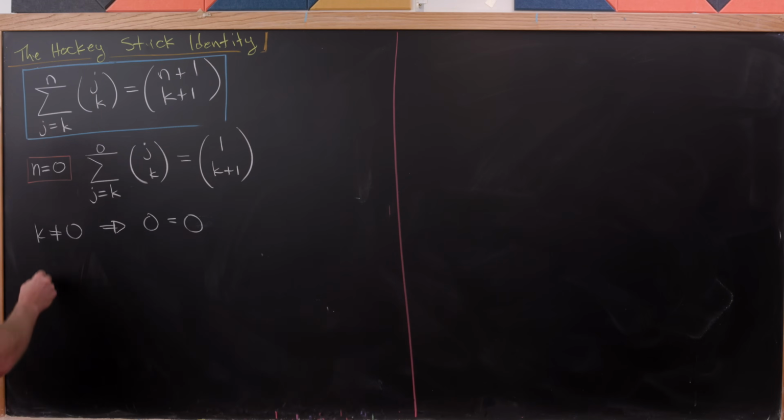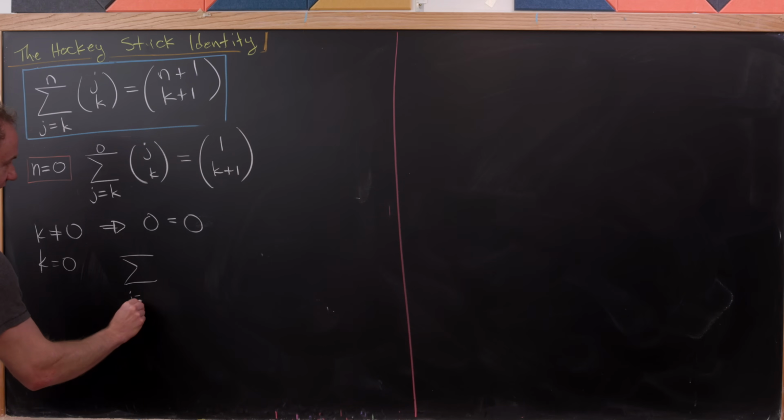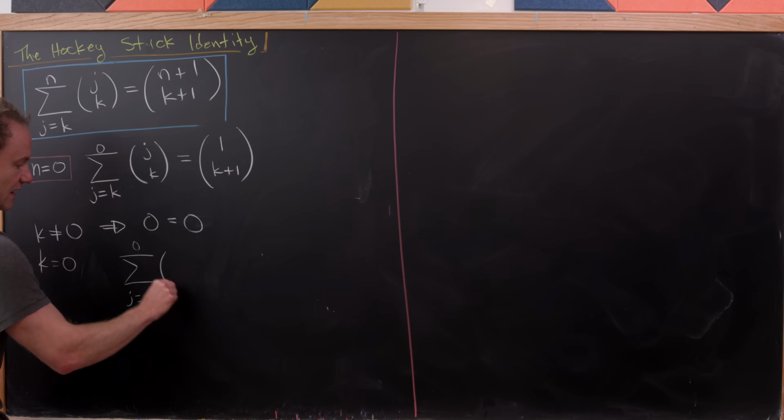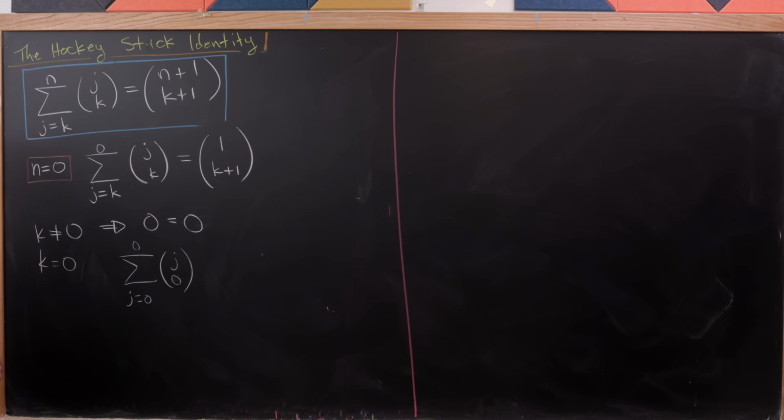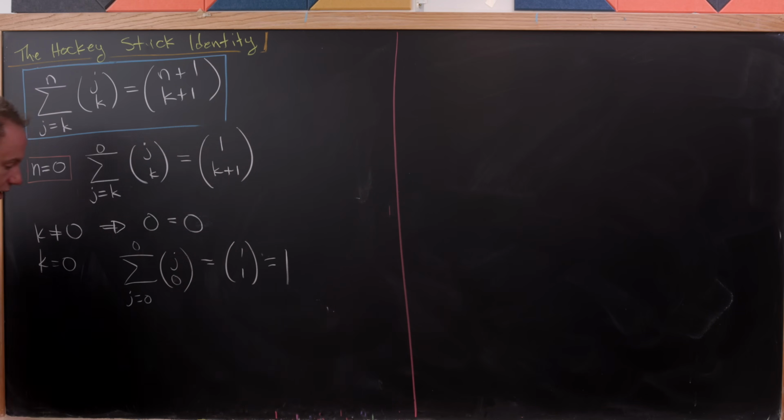But now if k is equal to 0, let's observe that over here on the left-hand side, we'll have the sum as j goes from 0 to 0 of j choose k, which is j choose 0, equals 1 choose 1. Now 1 choose 1 is 1.